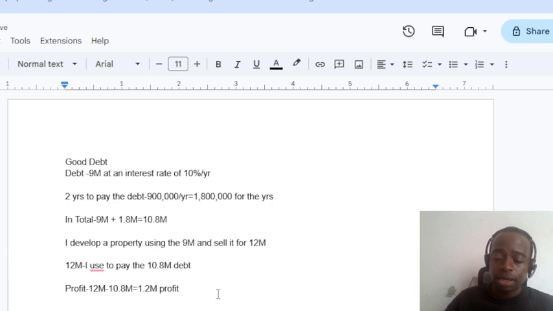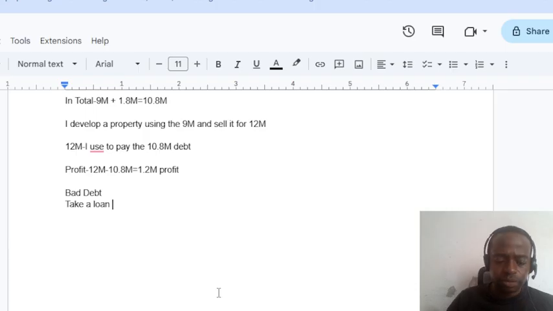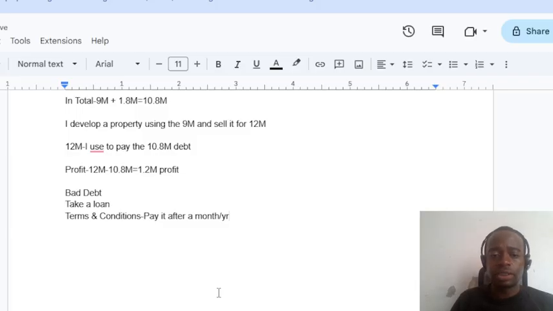All right, bad debt, on the other hand, is, for example, you take a loan. Let's define the bad debt in 3 terms. The terms and conditions: probably you need to pay it after a month, or even a year, very short terms.